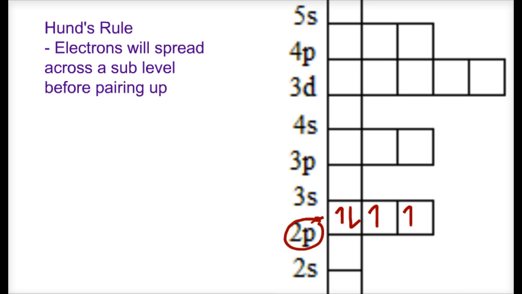Same example would go if I went into 3p, which is right here, and if I had 3p3, I would be placing my electrons like this.